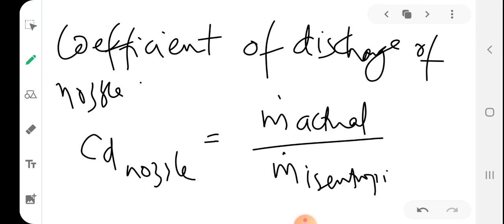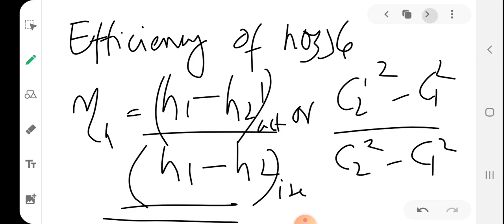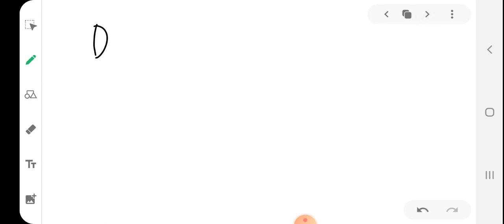So it is defined as the ratio of the actual mass flow rate to that due to the isentropic case. Here this is actual, this is isentropic. So that is the difference.